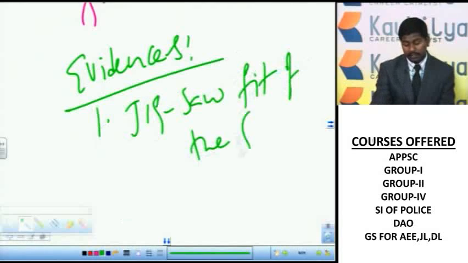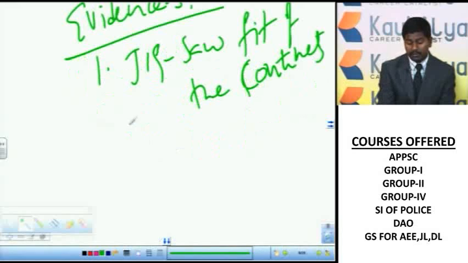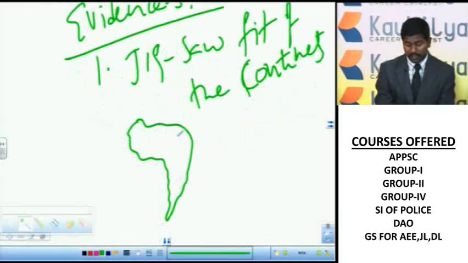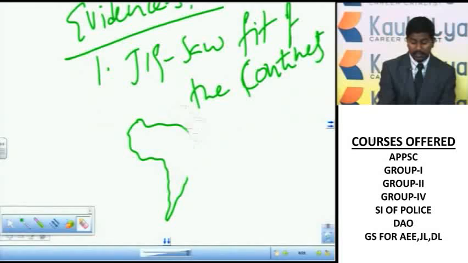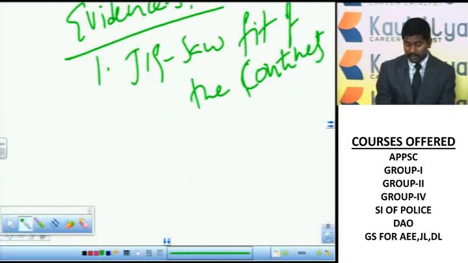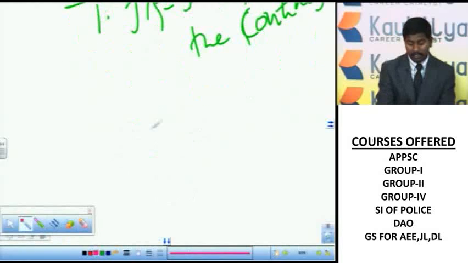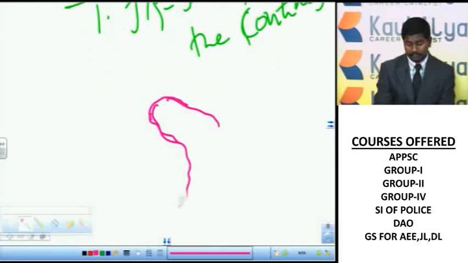Jigsaw fit of the continents means, when you see these pictures and try to join one continent with another continent, for example, if you take South America, it is adjacent to Africa. Here it is the South America continent, and it is the Africa continent.